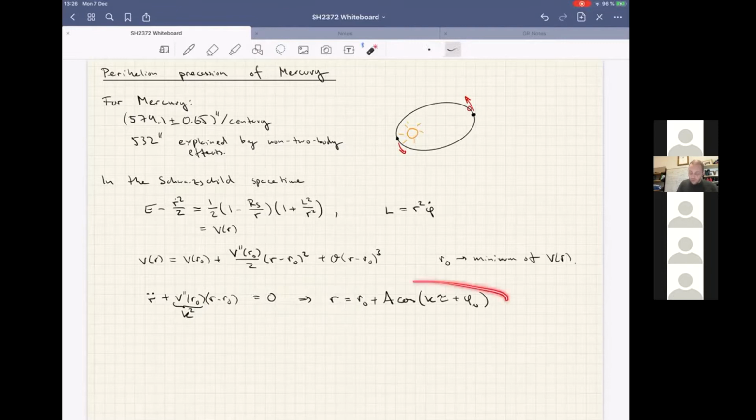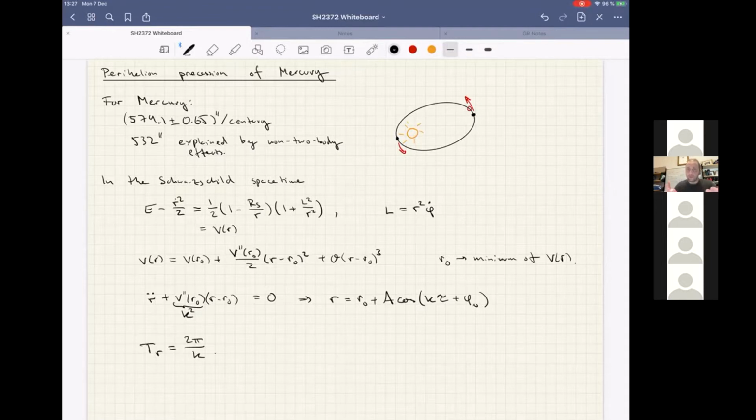So what we get is a harmonic oscillator essentially around r0 in the r coordinates with a period that's given by this k. So this period is directly given by this second derivative of the potential. So the period in r is going to be essentially 2 pi divided by k. So that's the period in r.